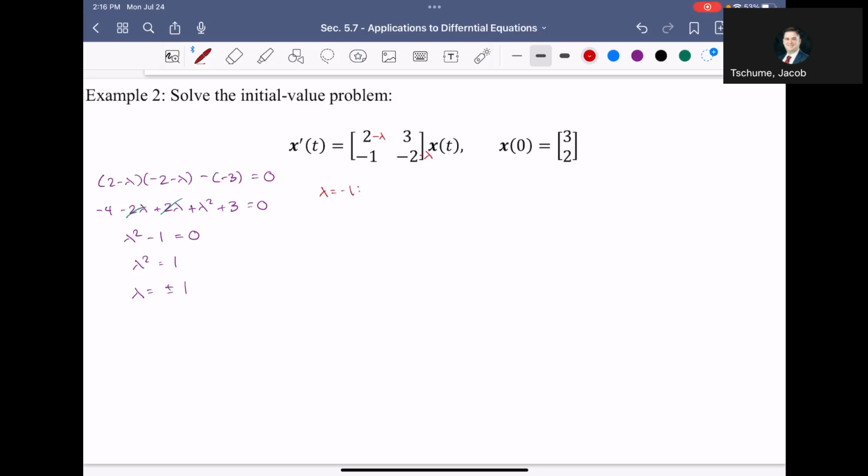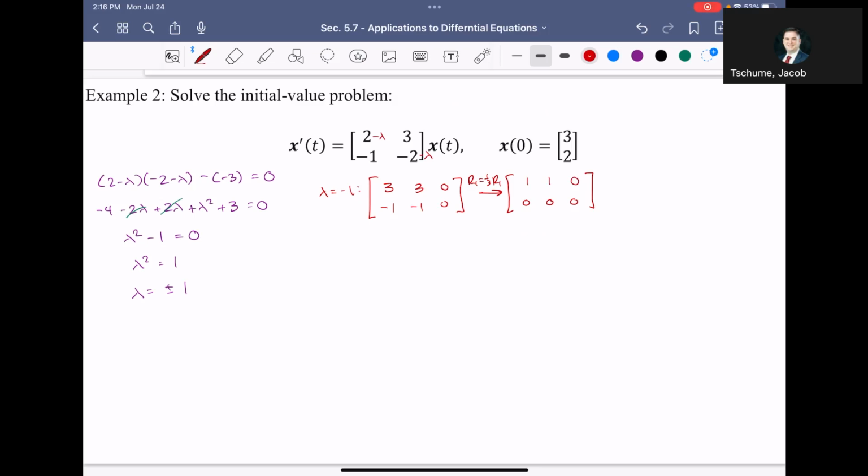If I plug that into my matrix, that should be 3, 3, -1, -1 with 0, 0. So you're seeing a little trend here. Both rows are multiples. So the bottommost row goes to all zeros. Then I'm going to take row 1 and multiply that by a third to make it 1, 1, 0.